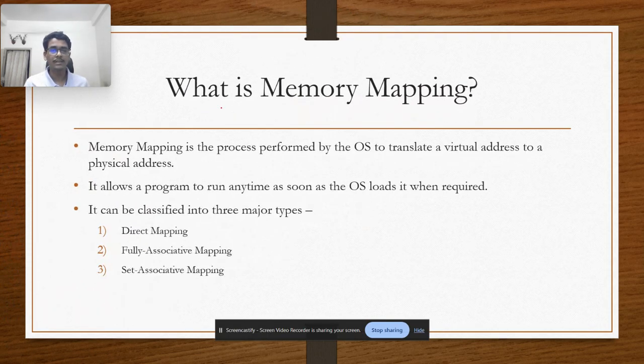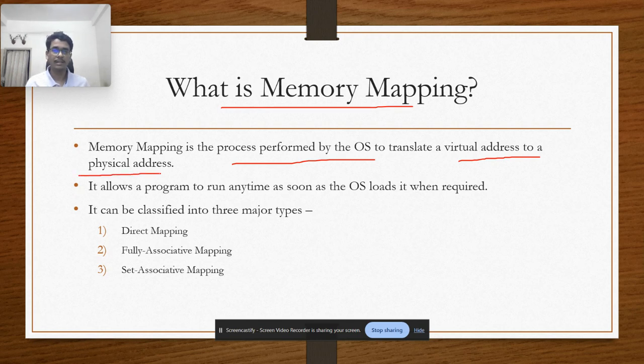Now, first let's see what is memory mapping. It is the process which is performed by the operating system to translate a virtual address to a physical address. Let's elaborate this statement. It means that a program has a virtual memory address to store data, and the data cannot be utilized until and unless this virtual address is converted to a physical address.